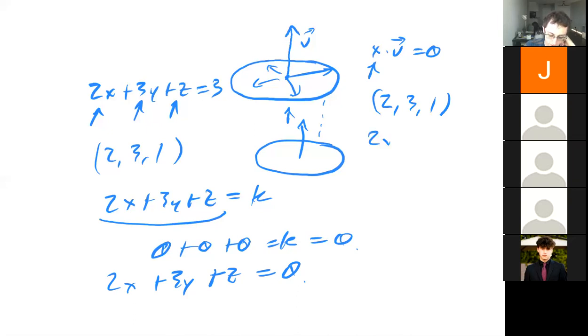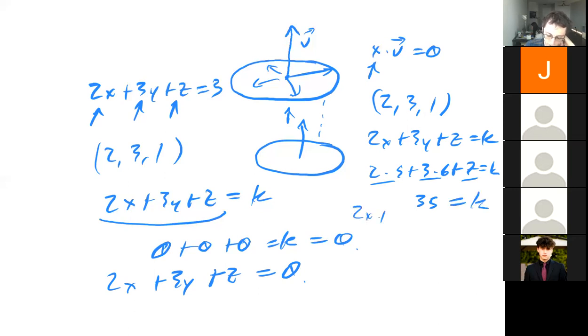So if we have 2x plus 3y plus z is equal to k, and we plug in the point 5, 6, 7, we get 2 times 5 plus 3 times 6 plus 7 is equal to k. And that's just 10 plus 18 plus 7, which is 35. 10 plus 18 is 28, and 7 is 35. So that gives you 2x plus 3y plus z is equal to 35 as your equation. Okay?